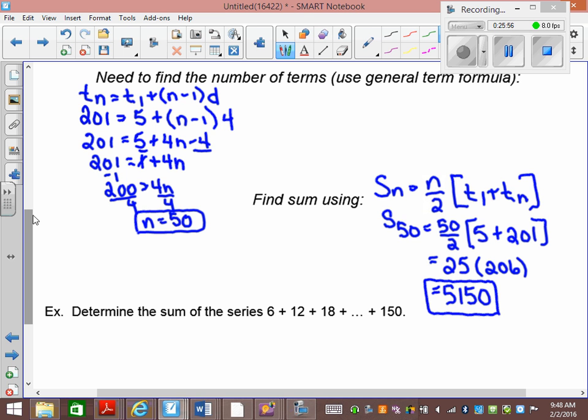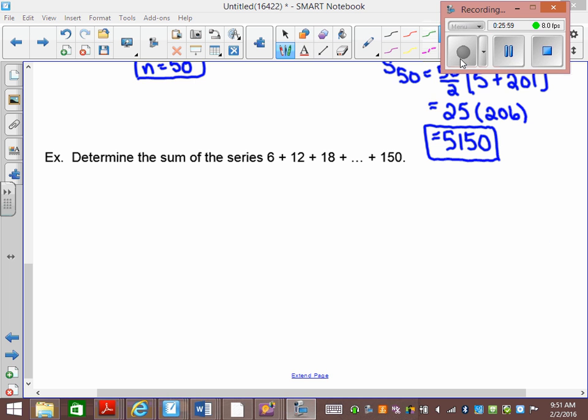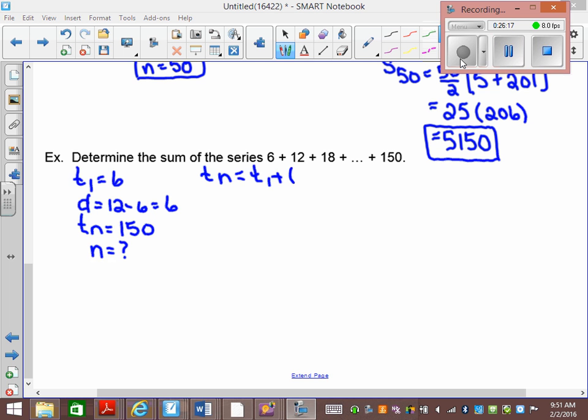Oh, look, a similar question just set up for you to do. So we have T1 equals 6, d equals 12 minus 6, or 6. Tn equals 150, and we have to solve for n first. So we're going to go Tn equals T1 plus (n minus 1)d.